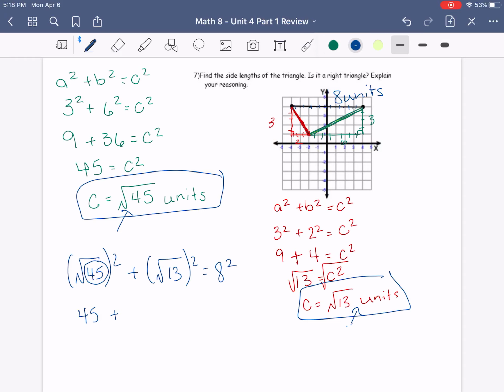So the square root of 13 squared is going to be 13. Okay. And when I add 45 and 13, I get 58. 58 does not equal 64, so no, this is not a right triangle.